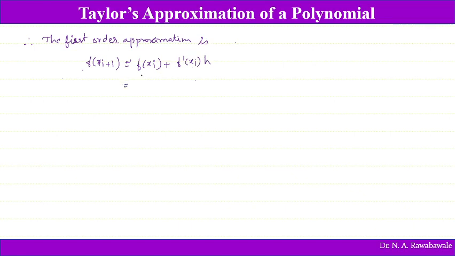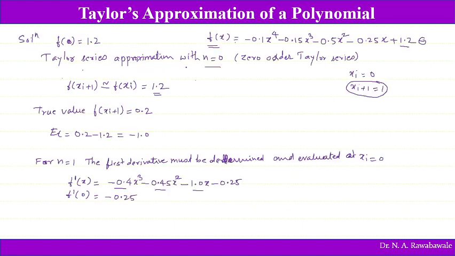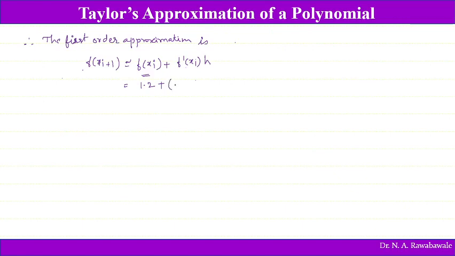So f of xi value we know, which is 1.2, plus f dash of xi, just now we obtained as minus 0.25, and value of h in this problem is 1, which is given. So on simplification we get f of xi plus 1 is equal to 0.95.